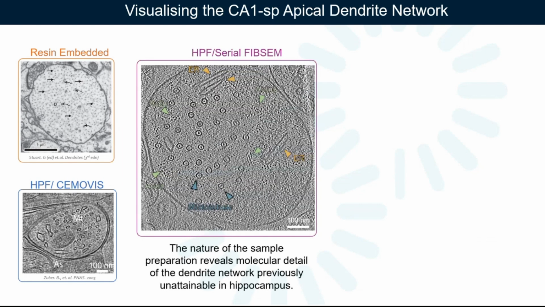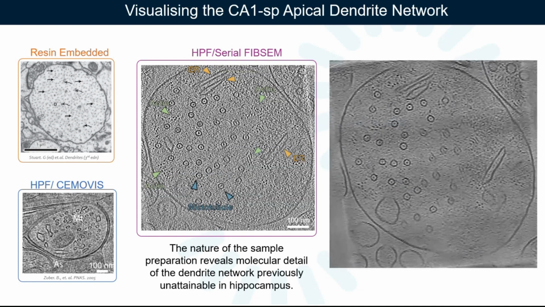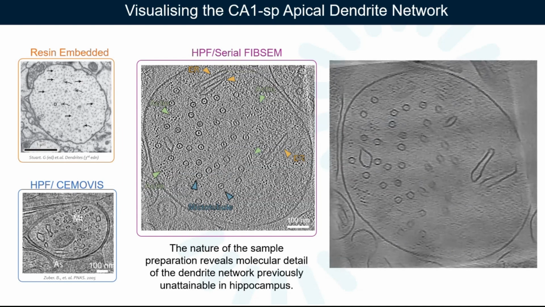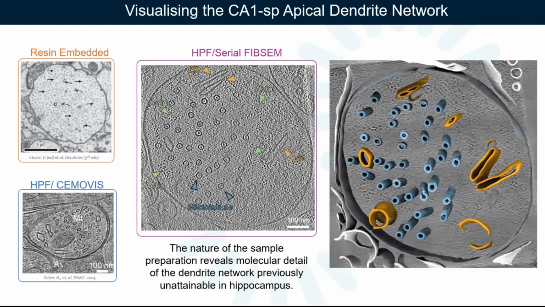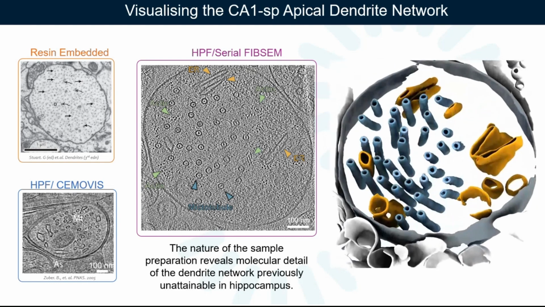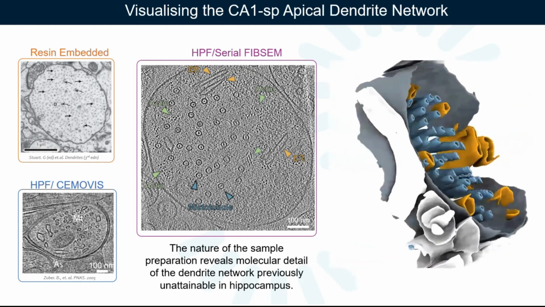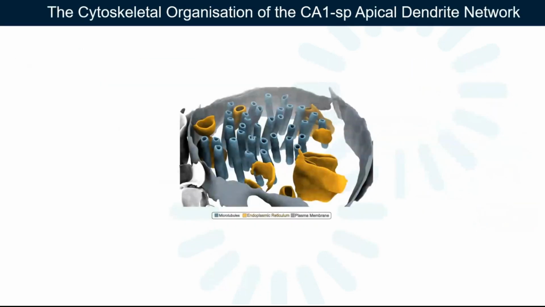But this is our attempt at this, and in my opinion, you unlock an awful lot more of the molecular detail of the cytoskeleton network and individual proteins inside these dendrites, which are amenable for further processing, such as subvolume averaging, to get high resolution structural information out of it.